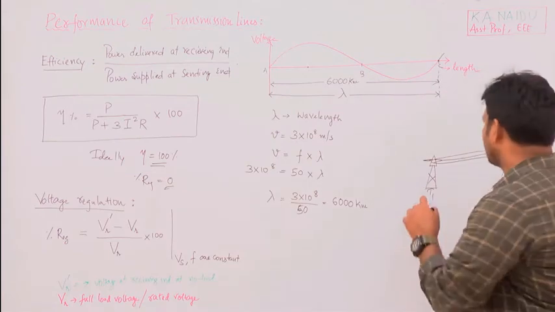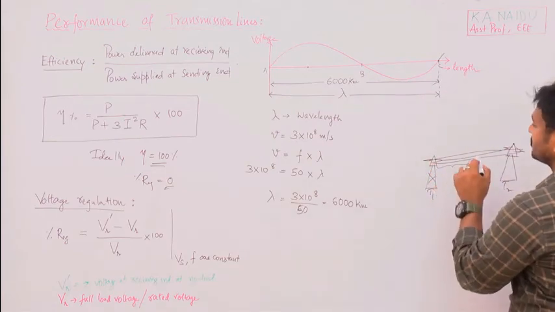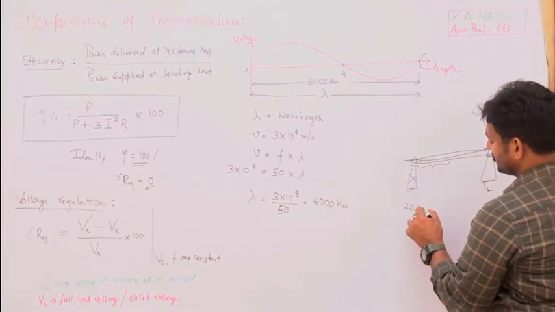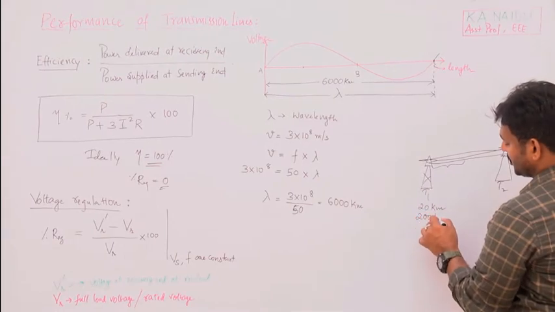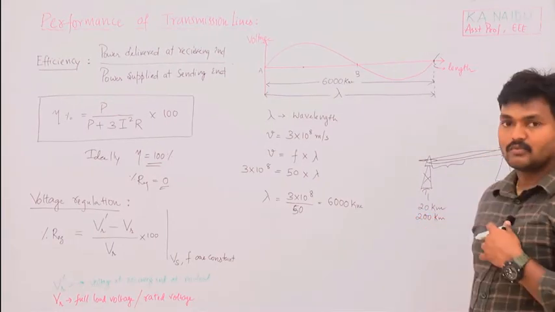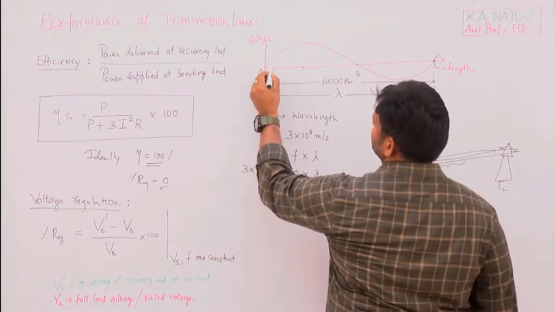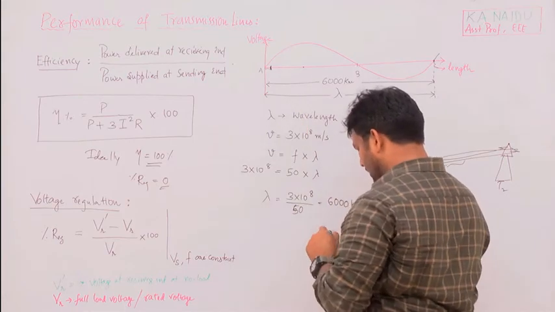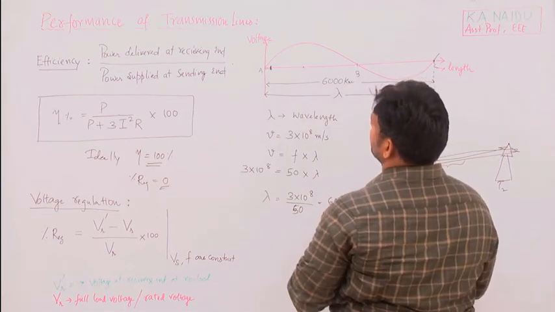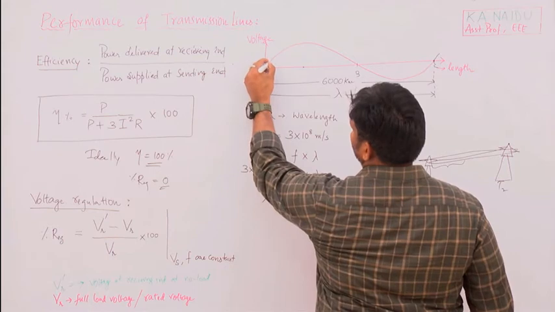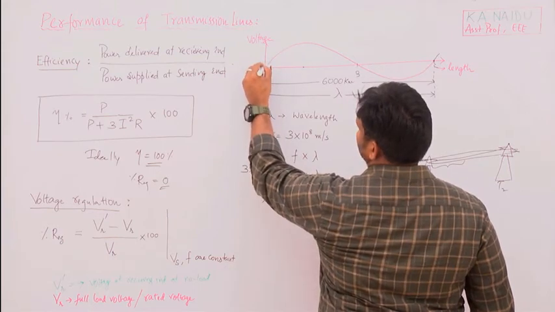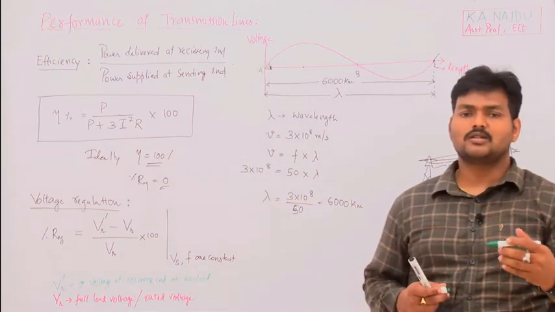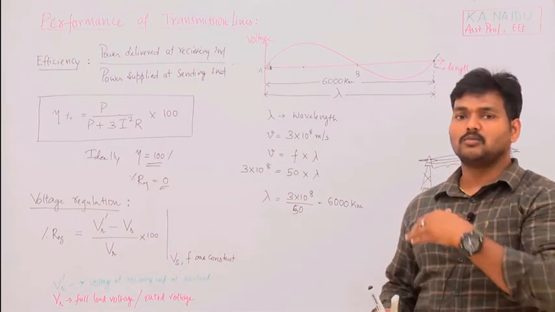Now if the length of this transmission line is small, suppose the length is say 20 kilometers or less than 200 kilometers. 20 kilometers means it will come somewhere here, and 200 kilometers. So here you can observe that the variation in voltage along this length is minimal.